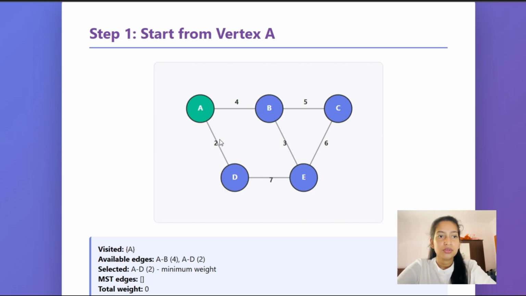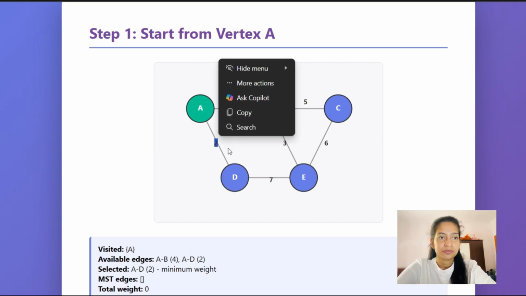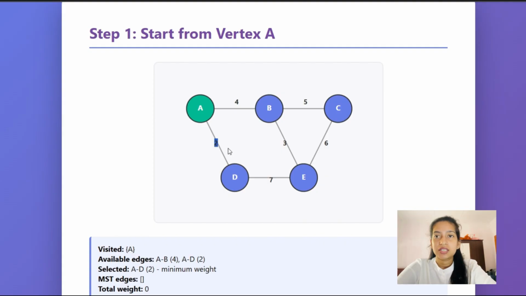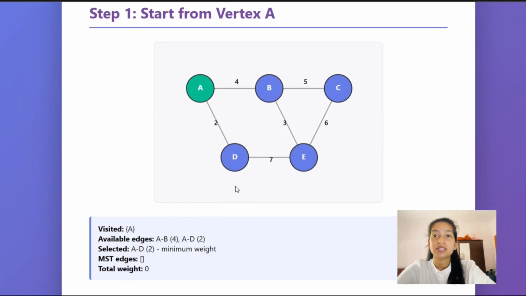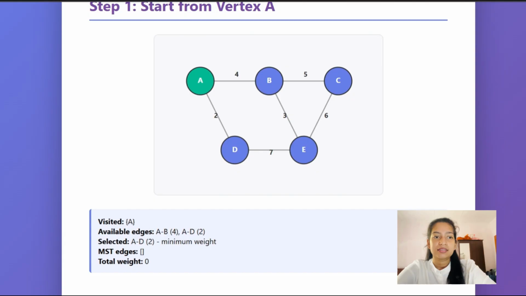We can go to B with weight 4, or we can go to D with weight 2. According to our algorithm, we need to select the minimum weight edge. Between 4 and 2, clearly 2 is smaller. So we will select edge A to D with weight 2 as our first edge to add to the MST.